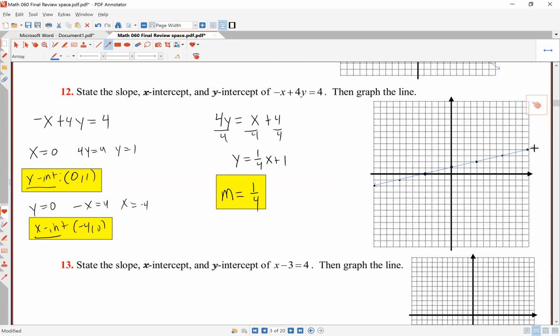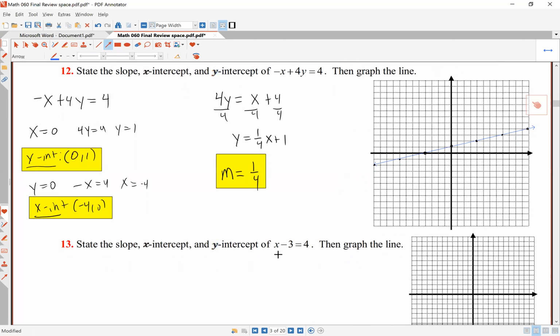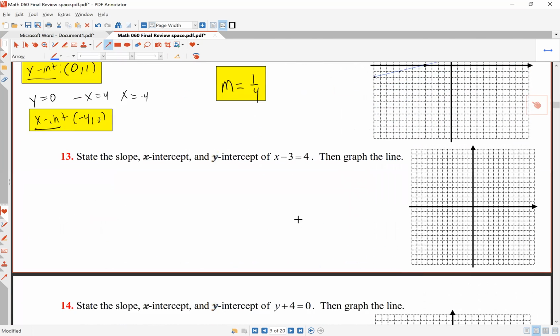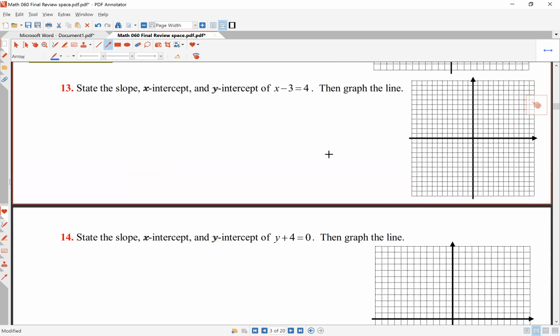All right, all those points lie on the same line, so I know I'm pretty good there. So one more reminder of OI and VUX. In this example, x minus 3 equals 4. We add 3 to both sides, and we get x equals 7.